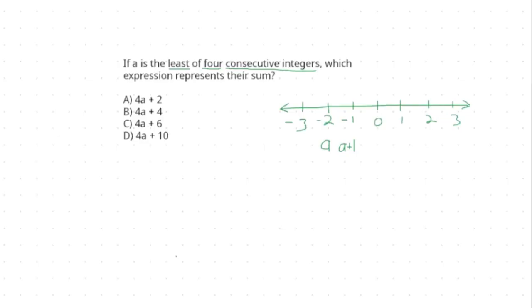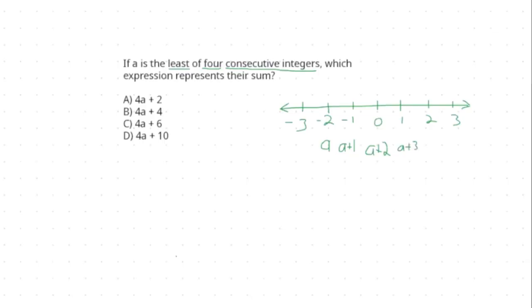And then if we want to consider the next consecutive integer, from having started at the first integer, we just have to add two. So the next one is a plus two. And then for the integer after that, we just have to add the number three. So that's a plus three.